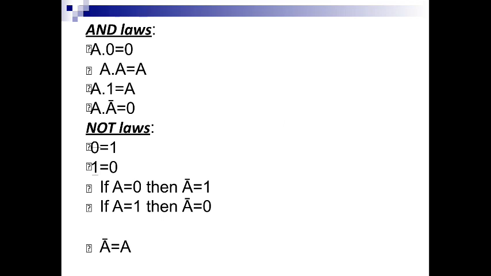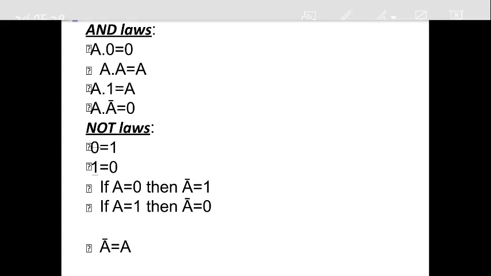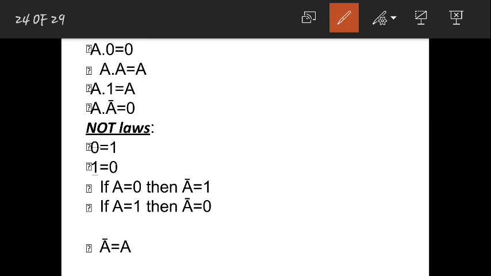Now coming to the AND laws. These AND laws are similar, whatever procedure we followed for the OR laws, but here you should know the logic of AND, how it works. So you have A AND 0 is equal to 0.